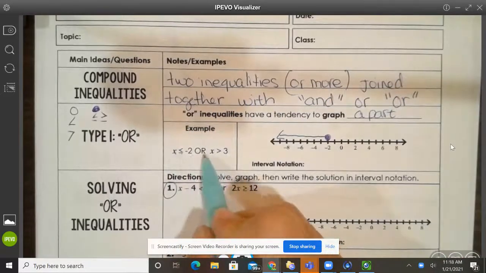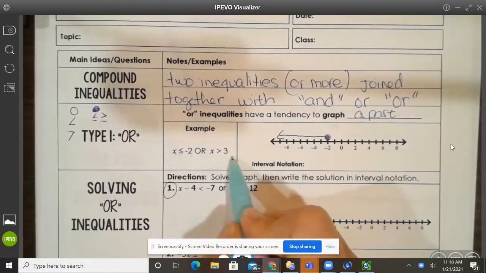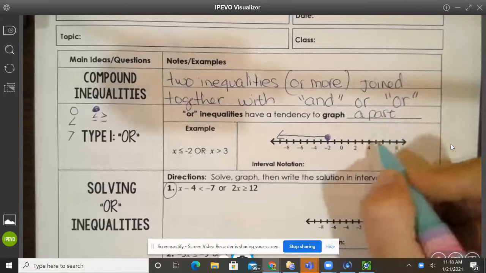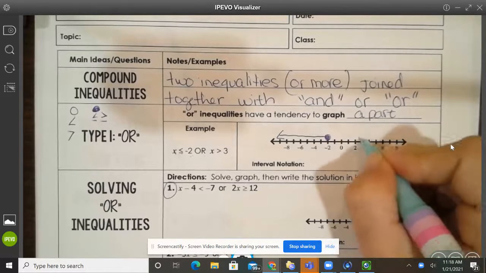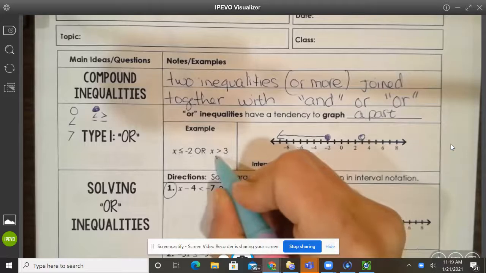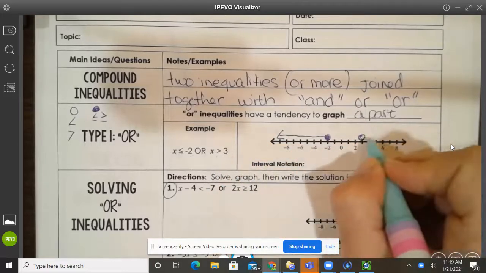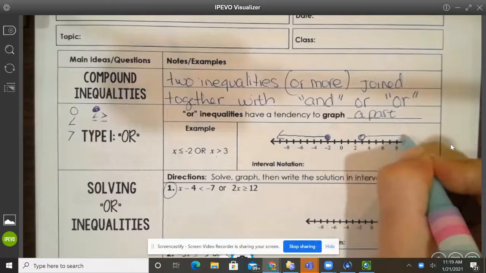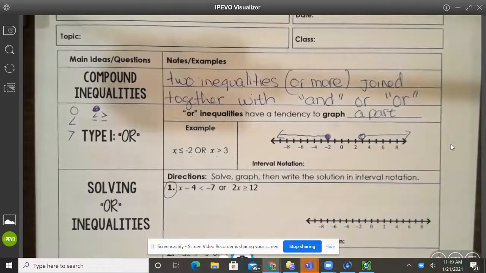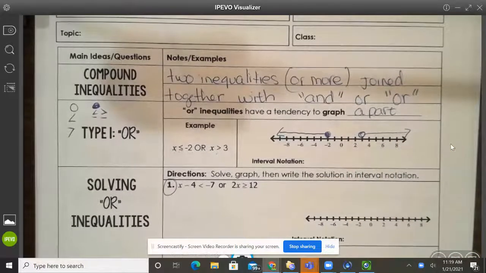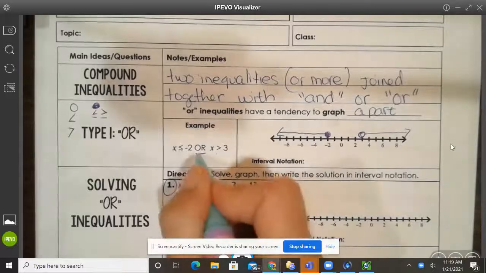And then "or" we have x is greater than 3. So 3 is in between 2 and 4. It's an open circle because there's no equal sign here, and it's going to go all the numbers bigger than 3, so it goes this way. And that's how it looks. That's for "or".